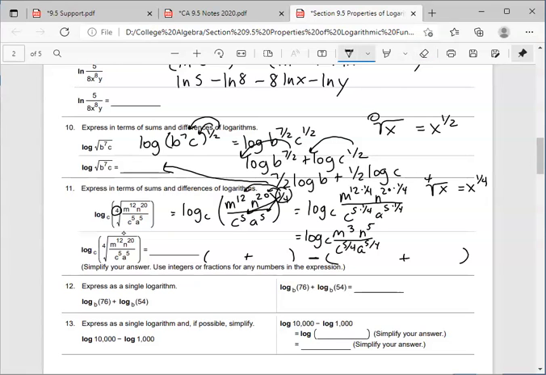So the log base c of m to the 3rd, the log base c of n to the 5th. So I took care of the top because they're being multiplied. I'm then dividing, so that's why the subtraction is there. Log base c of c to the 5/4, the log base c of a to the 5/4.